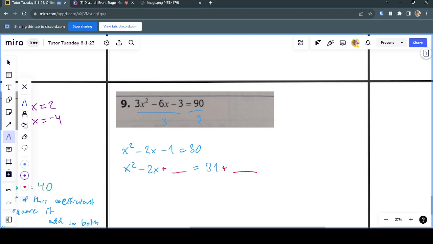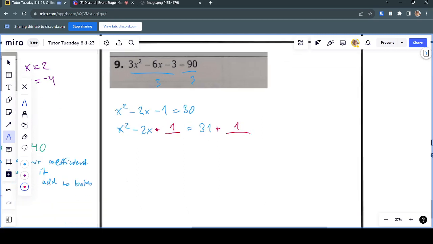Again, the mystery term here is just going to be 1. So we get something like x squared minus 2x plus 1 equals 32. Or I can factor this as x minus 1 squared equals 32.